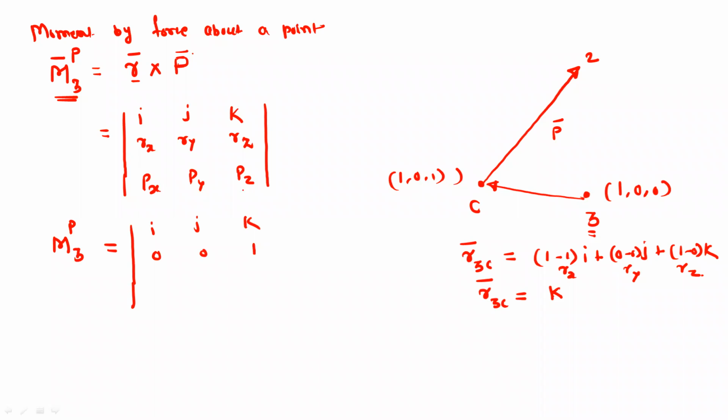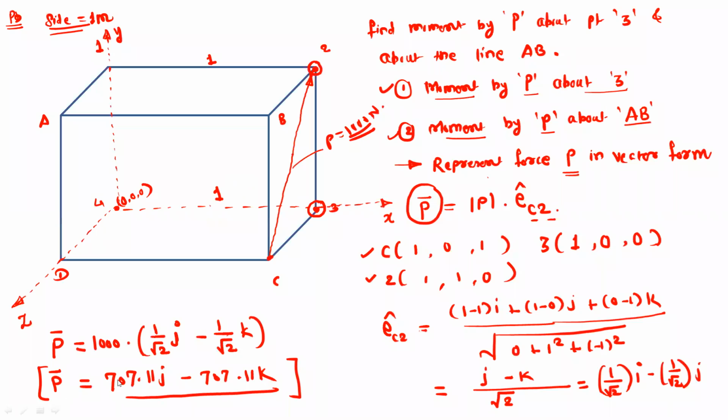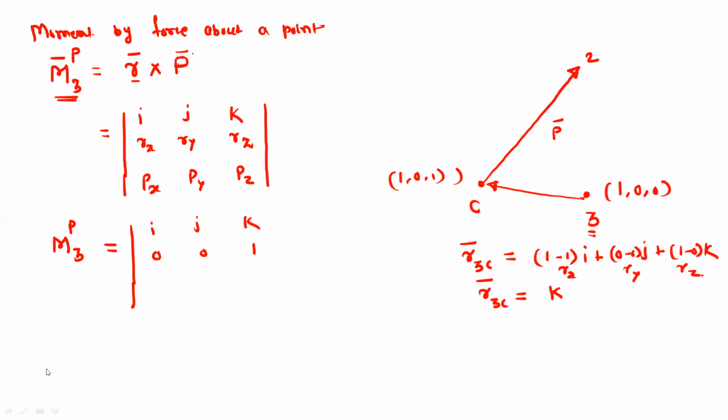And Px, Py, Pz are the coordinates or components of the force P bar. So Px is 0, Py is 707.11, and Pz is minus 707.11. Okay, so now solve this determinant. If you solve this determinant, you will get the answer for the moment M bar by force P about the point 3.